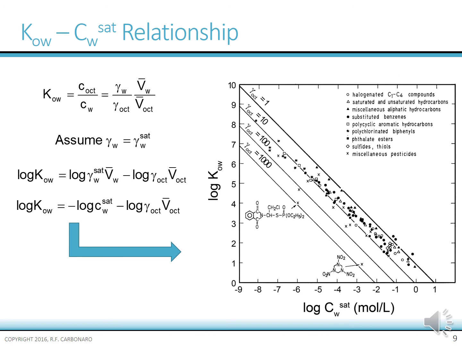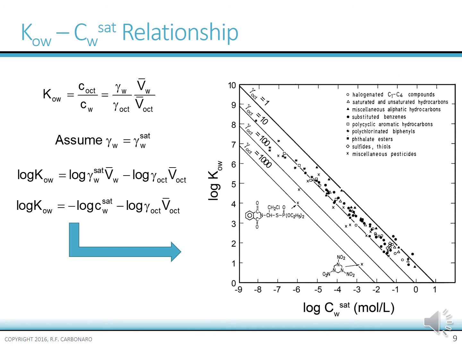If we assume for a minute that the activity coefficient in water is equal to the activity coefficient in water at saturation, and if you remember from our previous discussion, that was a pretty good assumption for molecules that did not have a very large aqueous solubility.